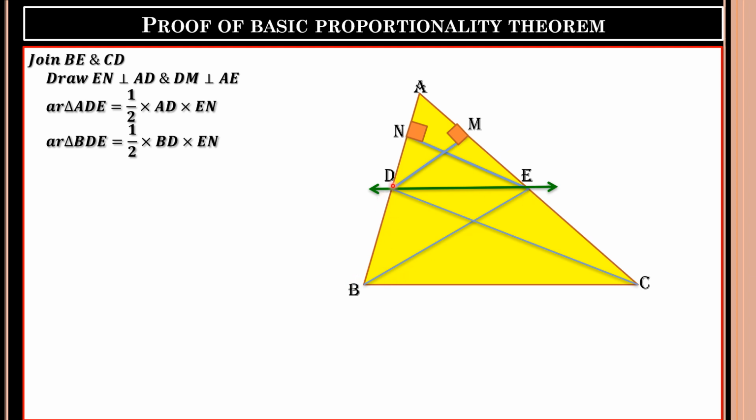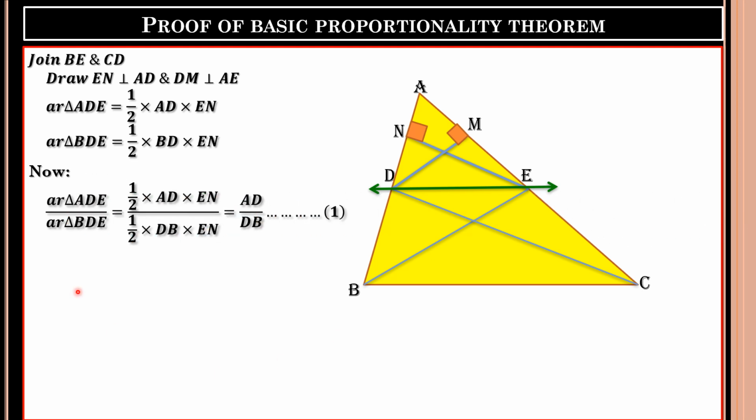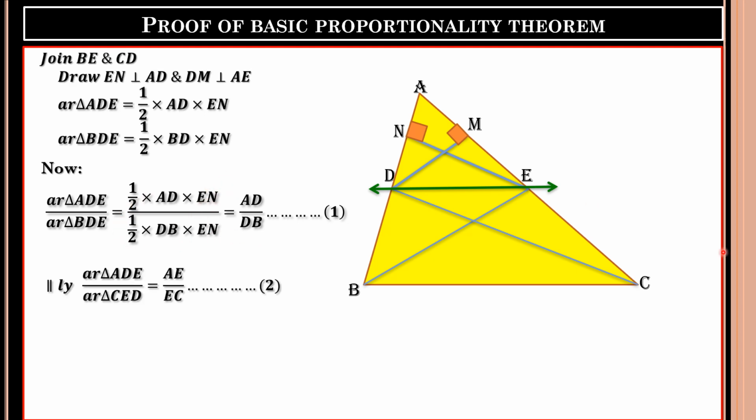This is an obtuse triangle, and if you draw the perpendicular or altitude from vertex E, it comes outside the triangle, EN. So area is 1/2, BD is the base and height is EN. Now if we find the ratio, area of ADE upon area of BDE comes out to be AD upon DB. EN cancels out.